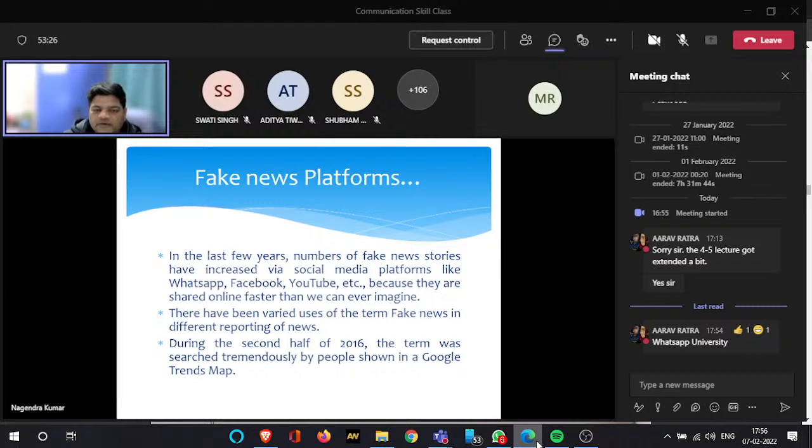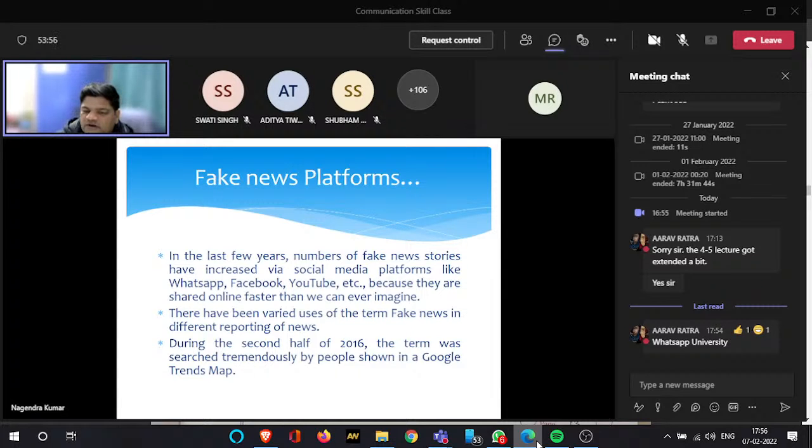In the last few years, the number of fake news stories has increased via social media platforms. WhatsApp is not a media platform; it's a messaging app. Facebook, YouTube, because they are shared online faster than we can ever imagine, and they are free, and so anybody can do that. And now that all of us have smartphones, anybody can do anything.